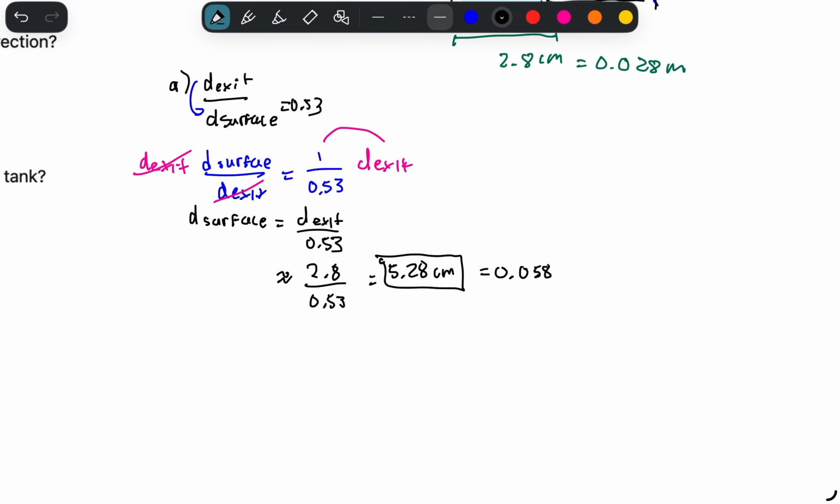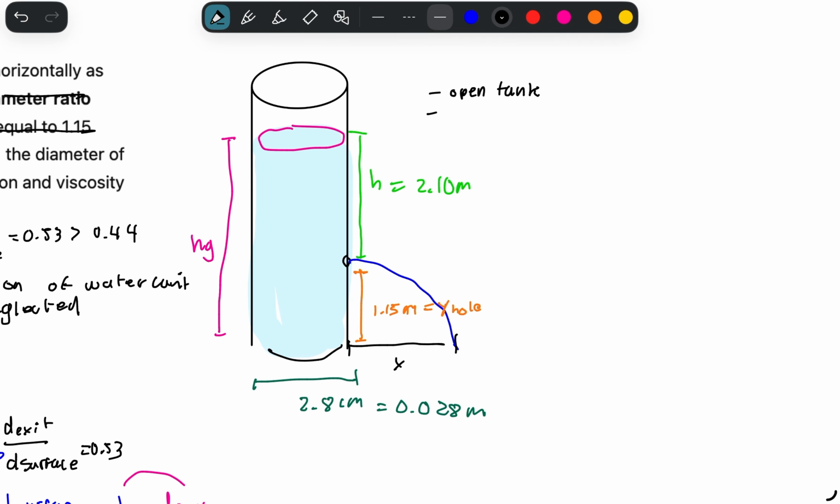Now we're also asked, what is the velocity of the water stream in the horizontal direction? So we have to look at what we have in the setup. Because we have an open tank and it's not a closed system. When you have pressure, that means you would have a closed system, but we don't have a closed system here.